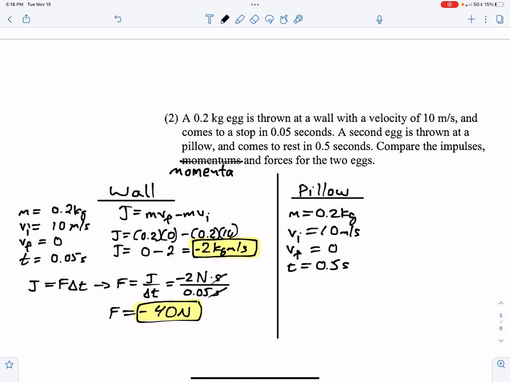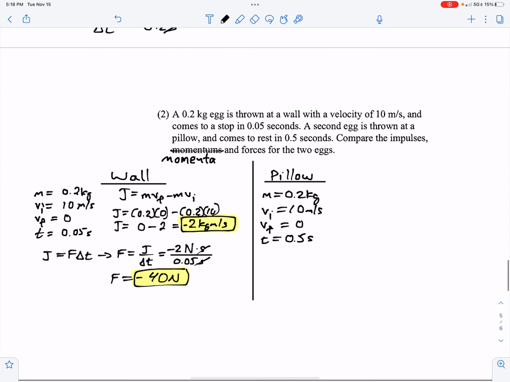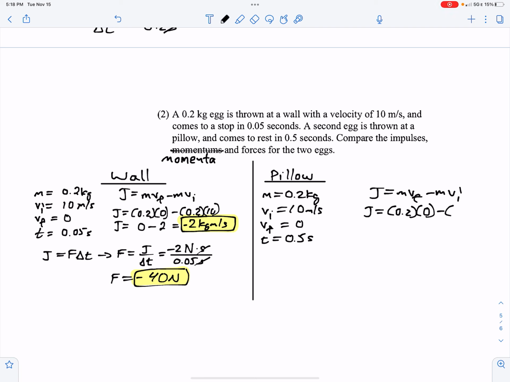Okay, greater time. So if we look at the impulse here, the change in momentum, mv final minus mv initial, we have a mass of 0.2 times 0 minus the mass of 0.2 times 10. And if we compare, again, we get 0 minus 2, which is negative 2.